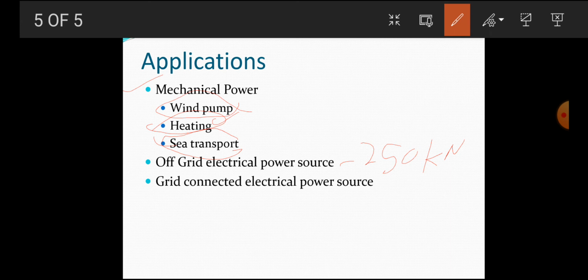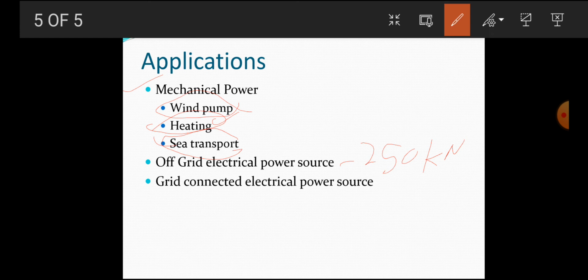So these are the main applications where electricity can be used. The generator may operate in standalone mode or may be connected to a mini grid system. So that is the off grid electrical power source.